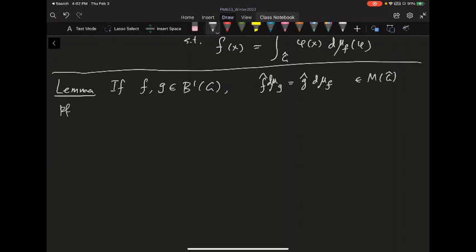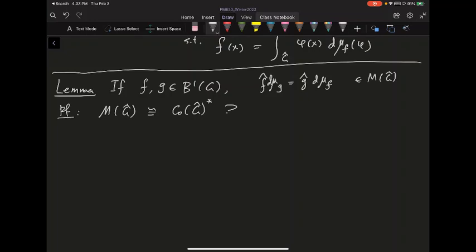Well, the proof is the following. First of all, if I want to show two measures on M of G hat are the same, then we can think about M of G hat as, by the Riesz representation, the dual space of the C0 functions on G hat. And inside C0, we know from the Fourier transform that the Fourier transforms of all the L1 functions are a subalgebra of C0, and they're actually a dense subalgebra.